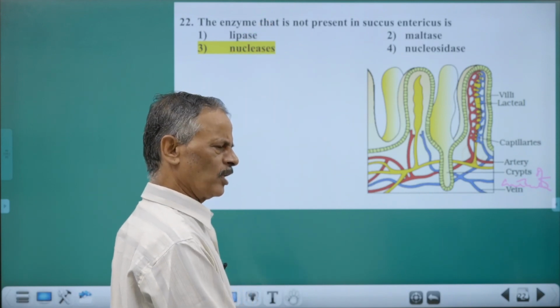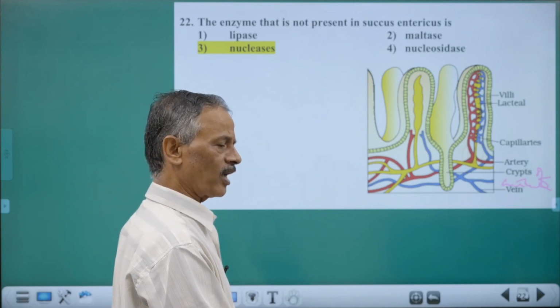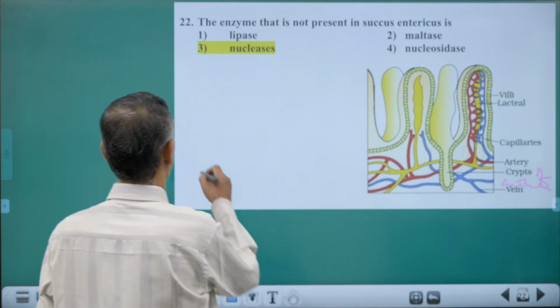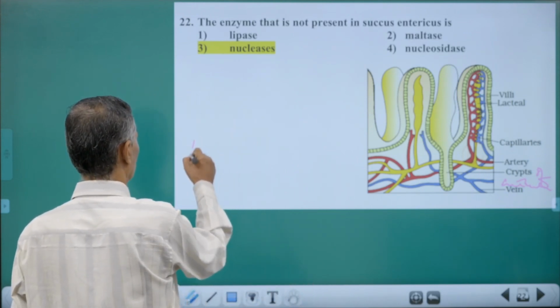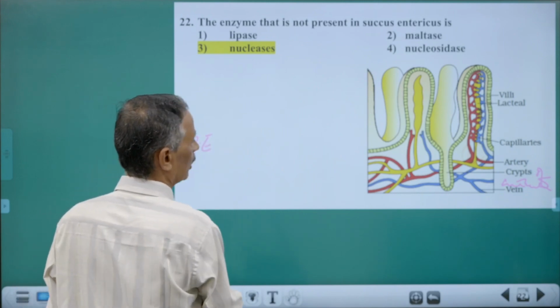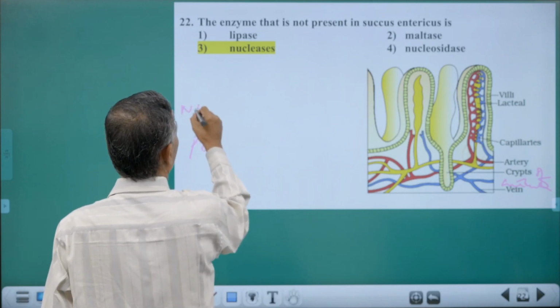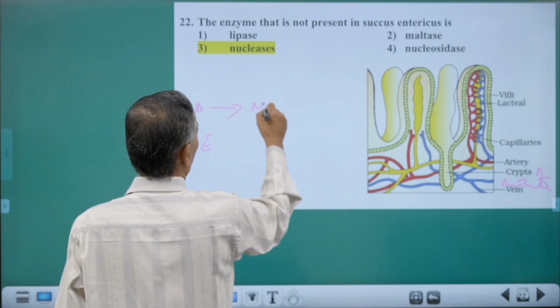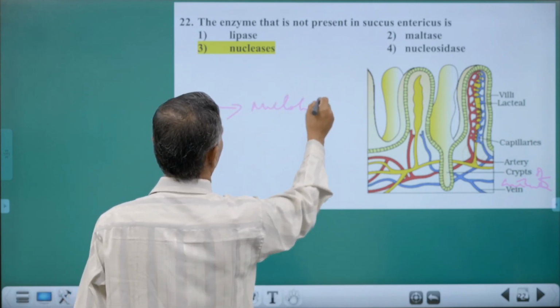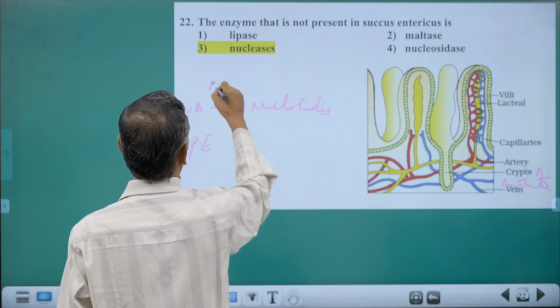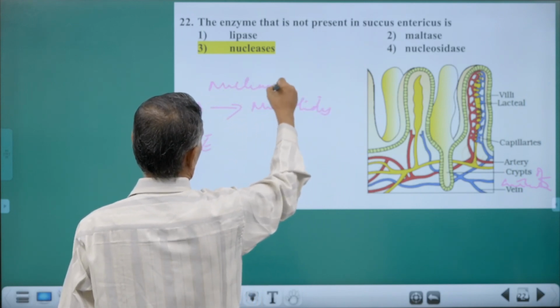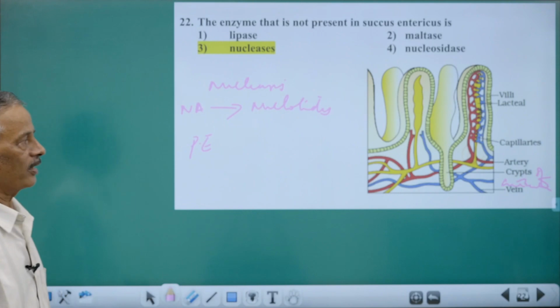Nucleases. Nuclease is the enzyme that is acting on nucleic acid. It is present only in pancreatic secretion, pancreatic juice. See, nucleic acids are first converted into nucleotides with the help of the nucleases that is present in pancreas.